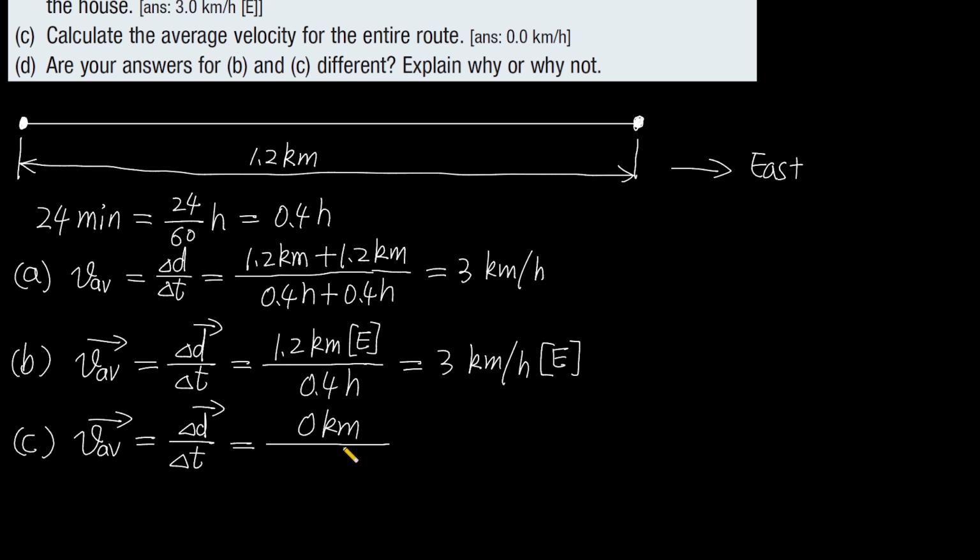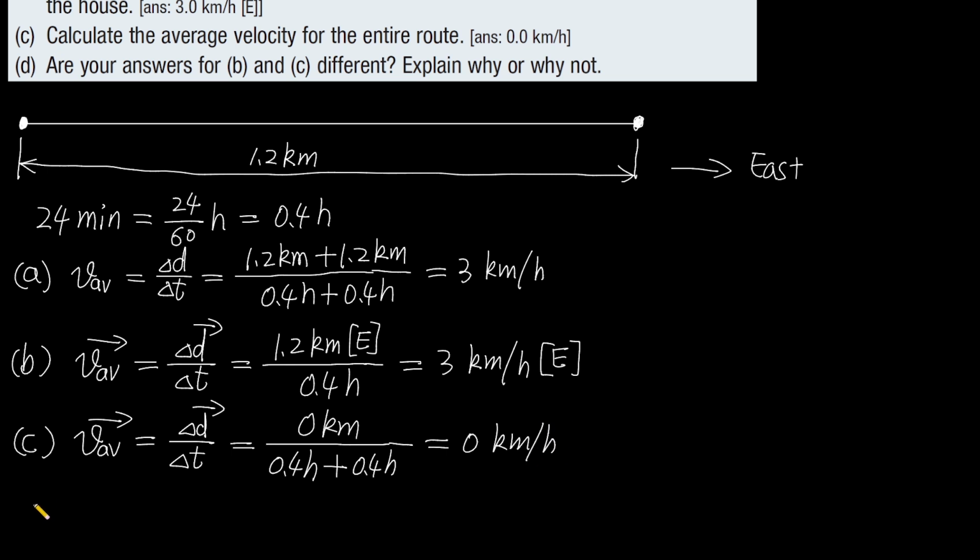And the total time interval: from their home to the farthest position, it's 0.4 hours, and from the farthest position to their home, they spend another 0.4 hours. So the total time interval is 0.4 hours plus 0.4 hours, and this equals 0 kilometers per hour.